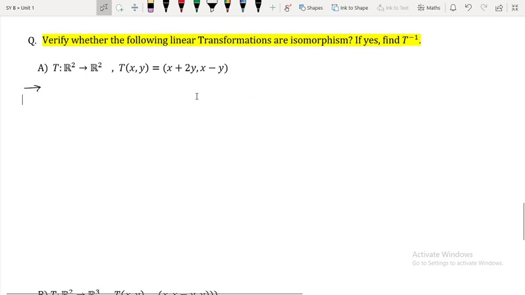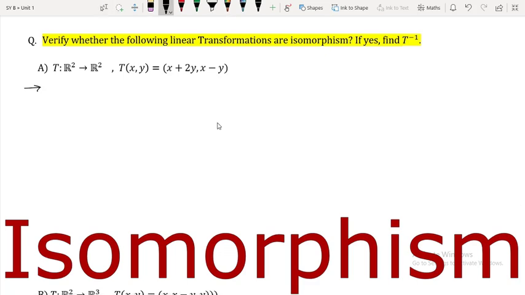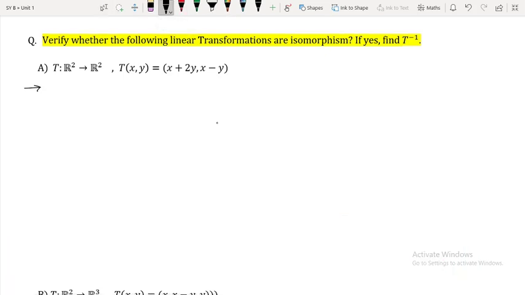Okay, so now it is already given that this is a linear transformation. Now we have to check whether it is an isomorphism or not. So what is the definition of isomorphism?